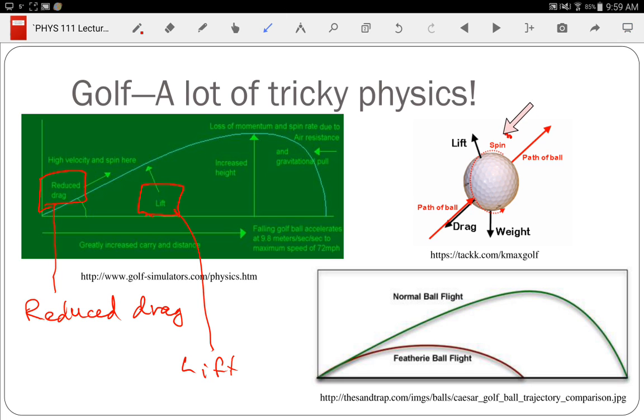So here you have the ball is spinning. And that spinning, its backspin, results in a net force that is upward. And so that upward force is called lift because, hey, surprise, it's upward. And so the backspin on the ball makes it so it has a force that pushes it up.